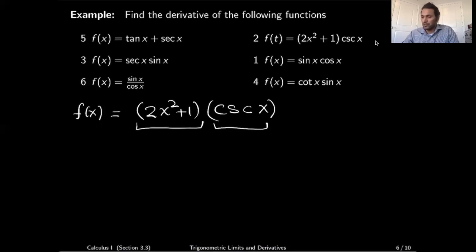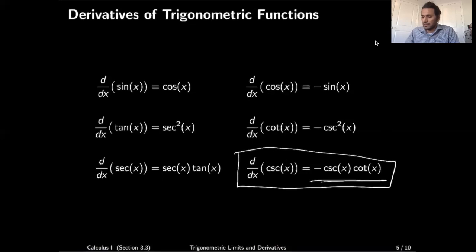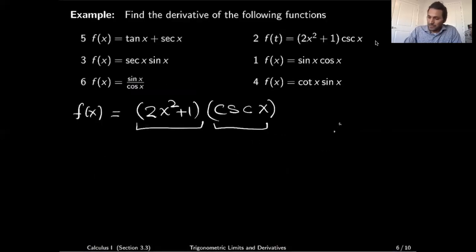So we need to know what the derivative of cosecant x is, which we have seen in some previous slides. Let's go back. The derivative of cosecant x is minus cosecant x times cot x. So this information we need to calculate the derivative of this function. So first, let me write down the formula f prime of x.